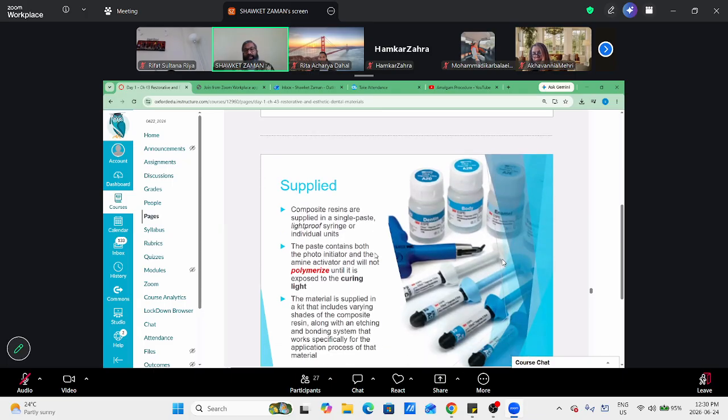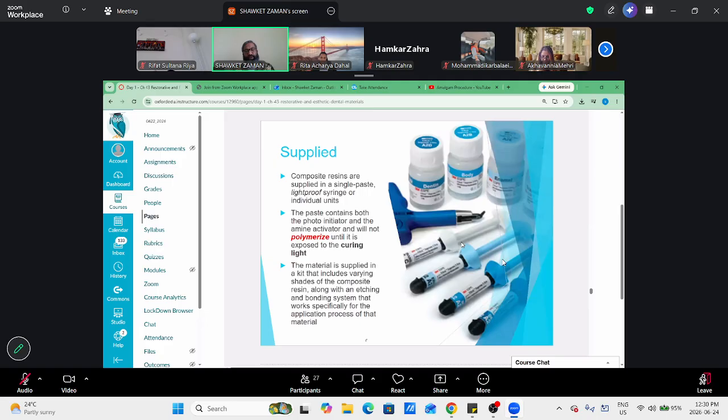They can be supplied in tube form or capsule form. As I mentioned, the capsule form is nowadays very popular in dentistry because it is useful for maintaining infection control procedures. All these materials come in separate forms, but they need to be combined together.